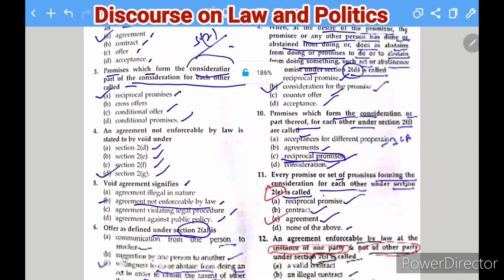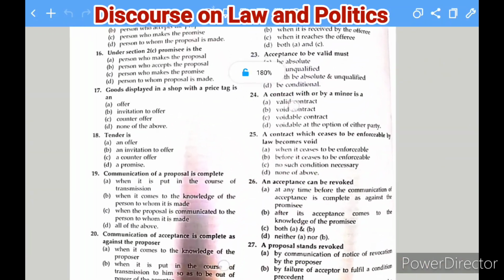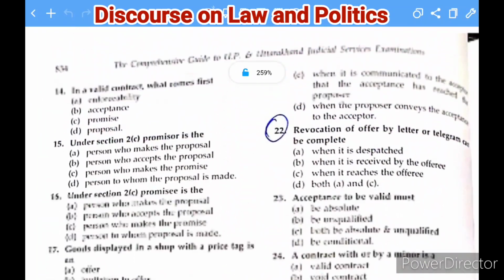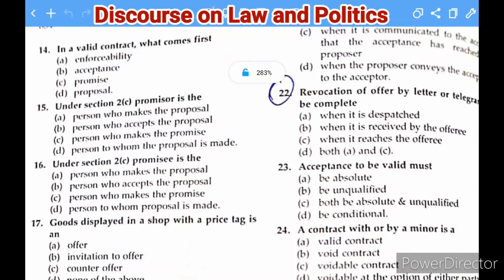Moving to the next question, question number 14. In a valid contract, what comes first? Whether the enforceability, acceptance, promise, or proposal. Among these four options, in a valid contract, what comes first?